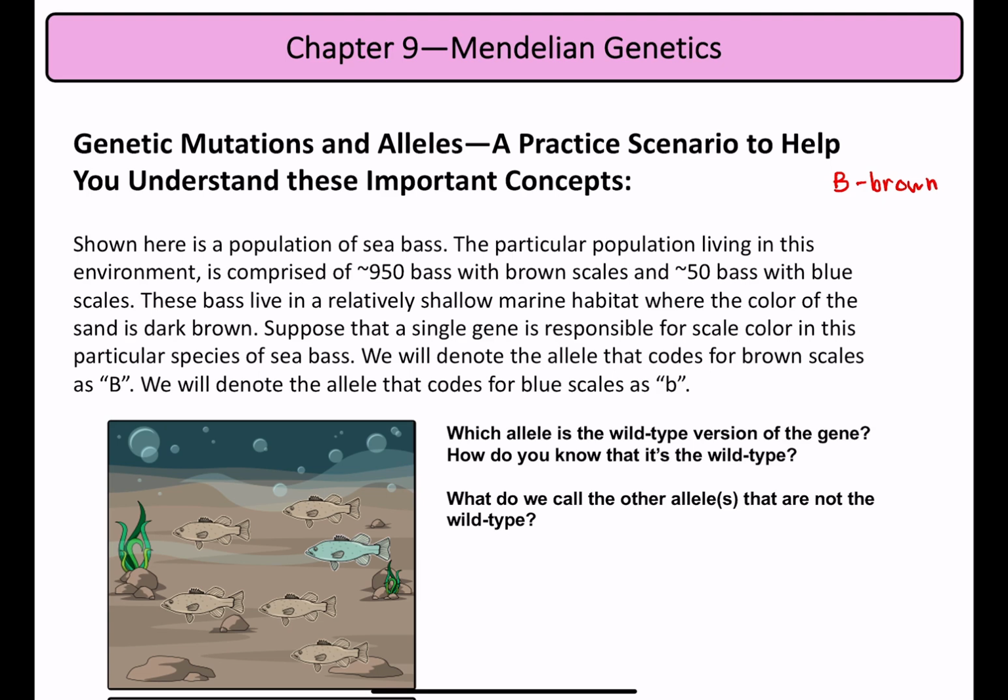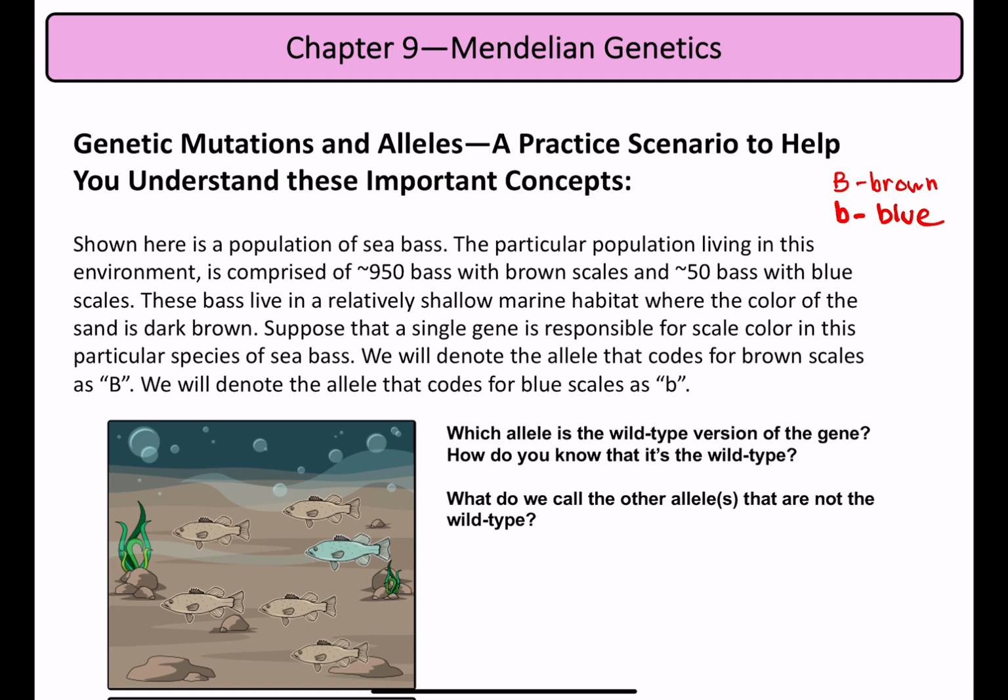And we'll also use lowercase b for blue scales. So 2 different versions of a gene. One version we're going to denote is uppercase B. That's really a nice trick in biology. We don't want to write out like 2,000 nucleotides. Let's just call it a single letter, for short. So uppercase B and lowercase b.